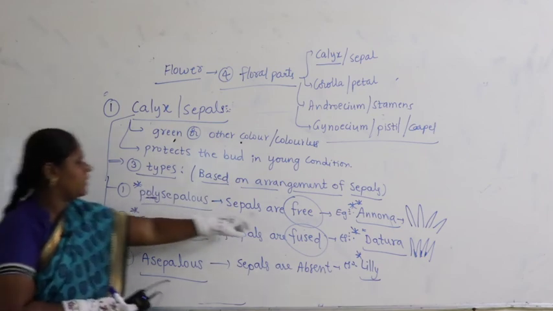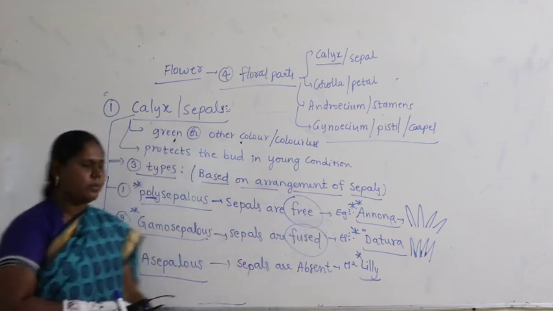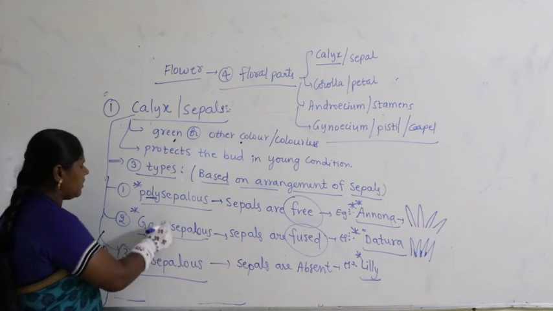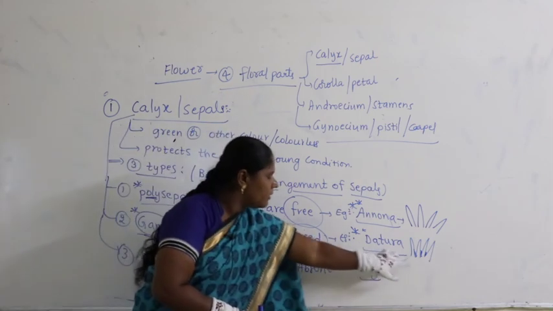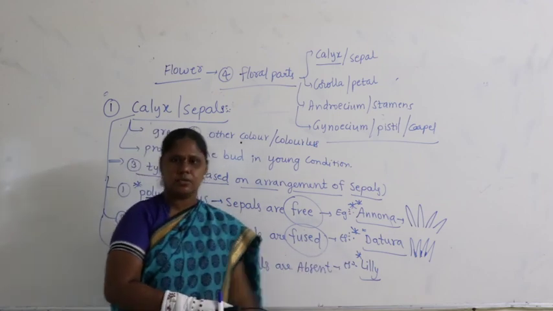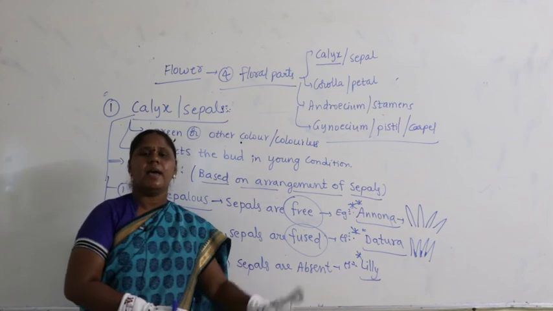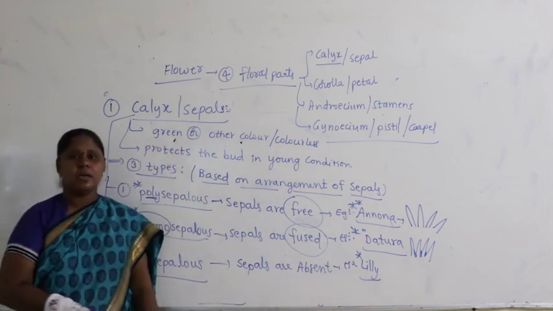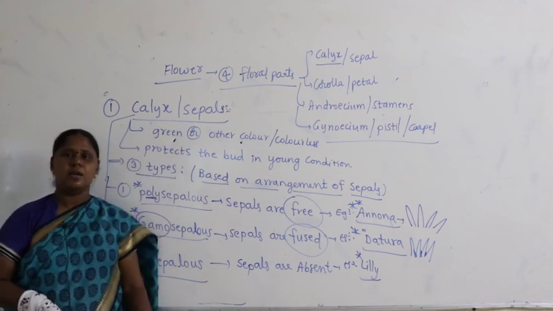Poly means free. Polysepalous means sepals are free. Example, Annona. Gamo means fused, joined, united. All sepals are united. Example is Datura. And asepalous means sepals are totally absent. You can take the example lily. So, this is nothing but the types of sepals, or types of calyx.